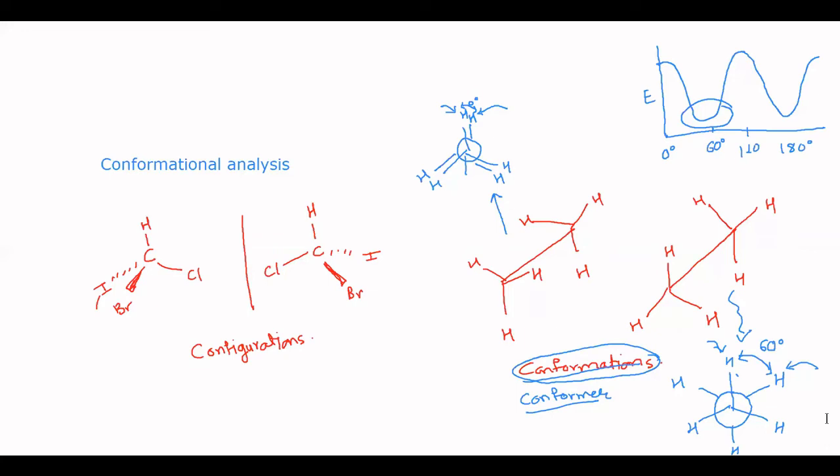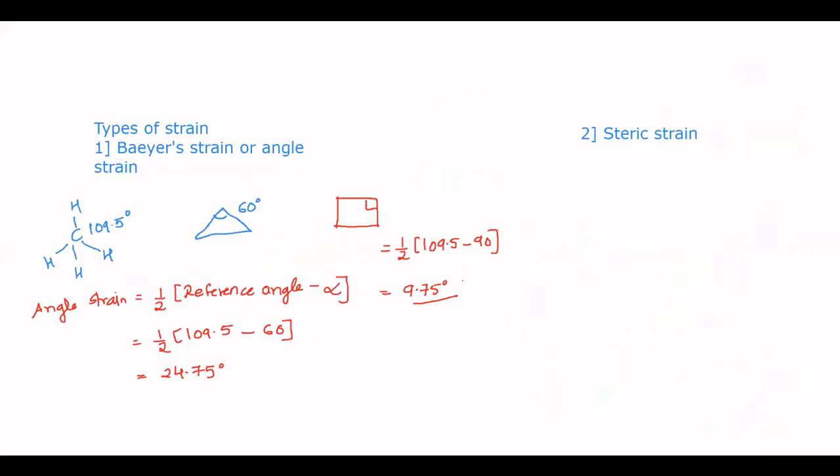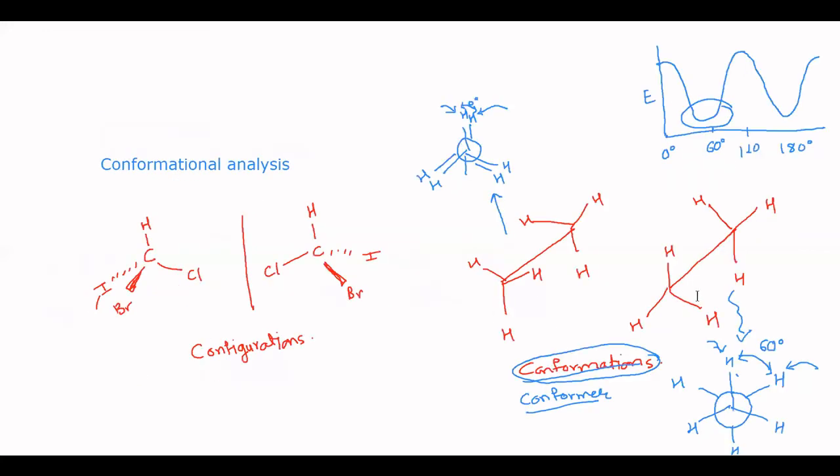The third type of strain that we will discuss is the torsional strain, or we also call it the Pitzer strain. Now, what is this torsional or Pitzer strain? When I talk about the eclipsed and staggered forms, if they are allowed to rotate freely in the compound, then what will happen?